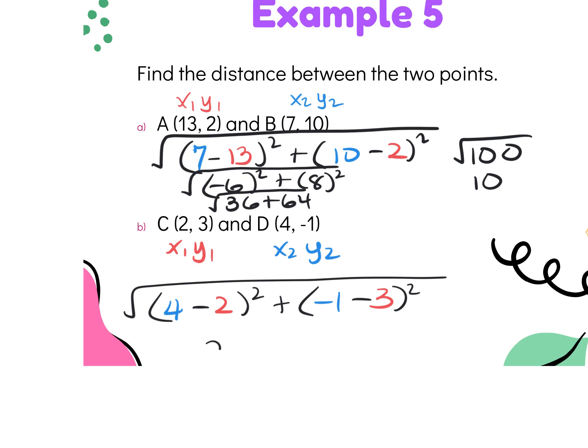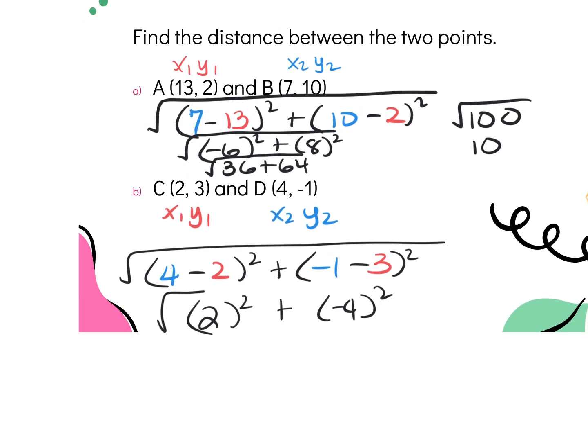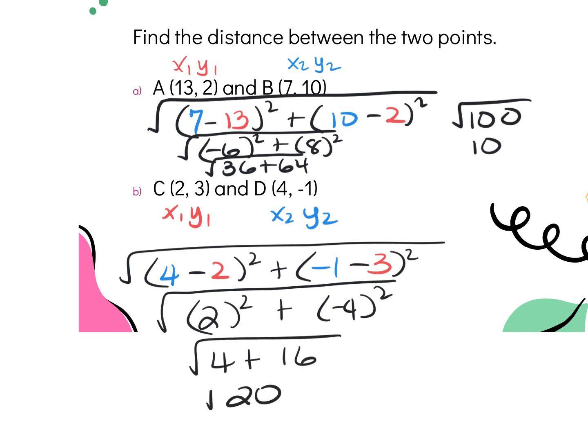So subtract, square: 2 times 2 is 4, negative 4 times negative 4 is positive 16, and now once I add, I get the square root of 20.